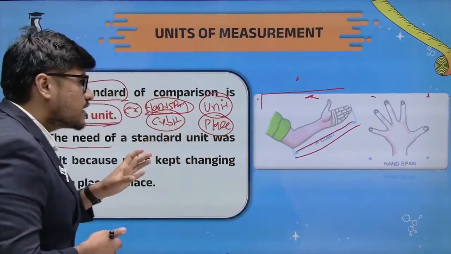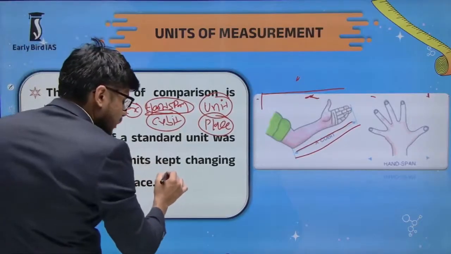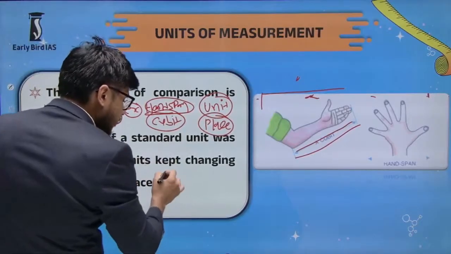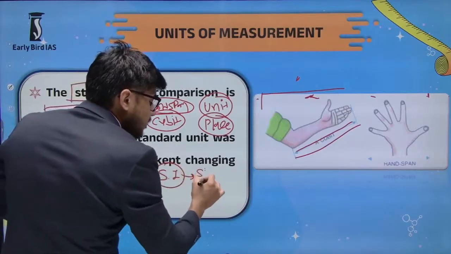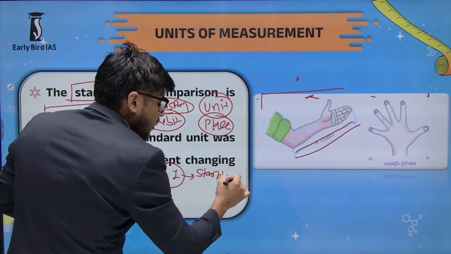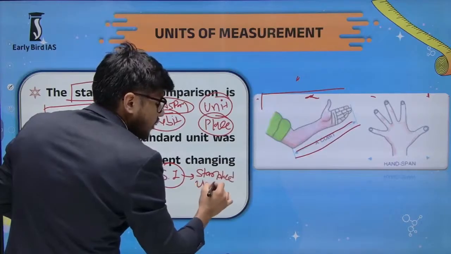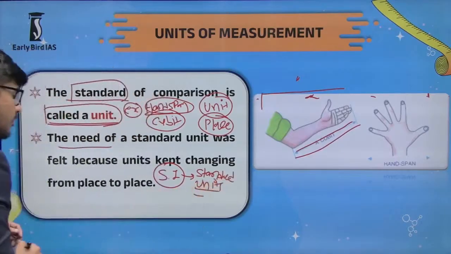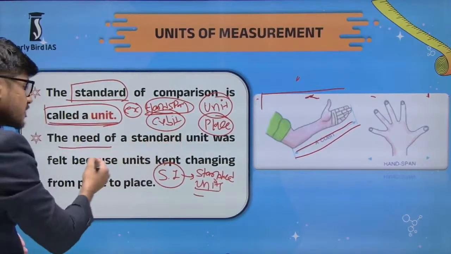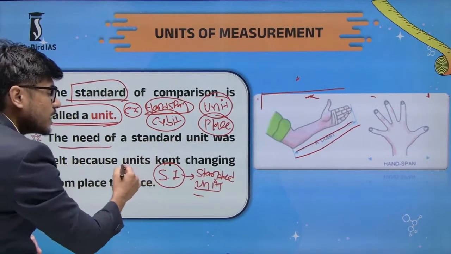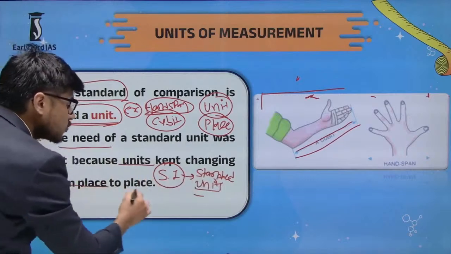These SI units are the standard units. So as I discussed, why do we need standard units? The need for a unit was felt because units kept changing from place to place.